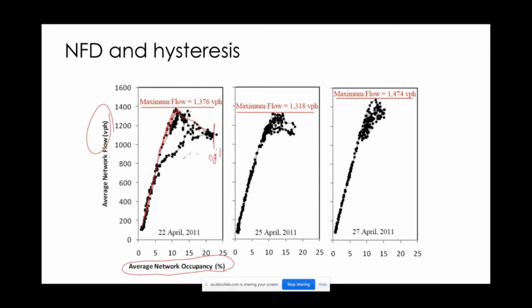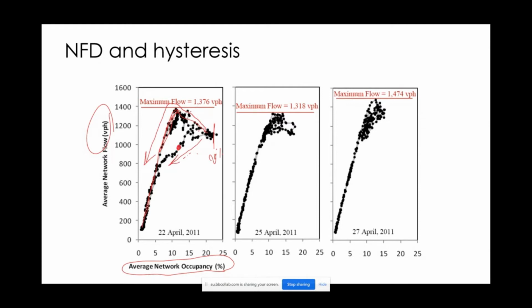But then when the occupancy is going down, maybe in the afternoon, when the network is getting less crowded, instead of coming back on the same path that it went up, a hysteresis is formed and density goes down, but with various smaller flows.